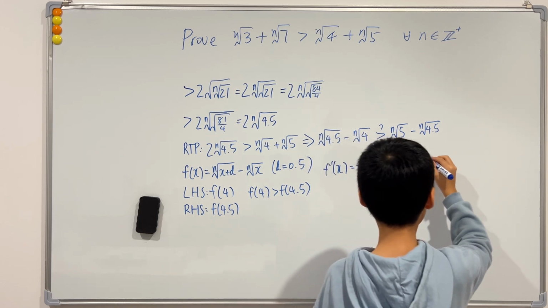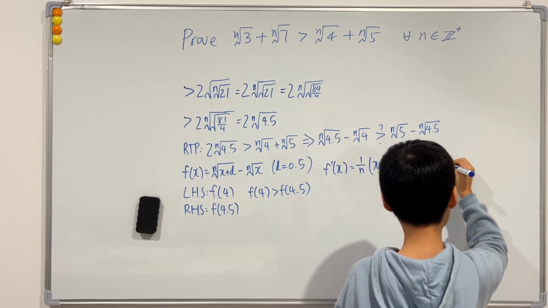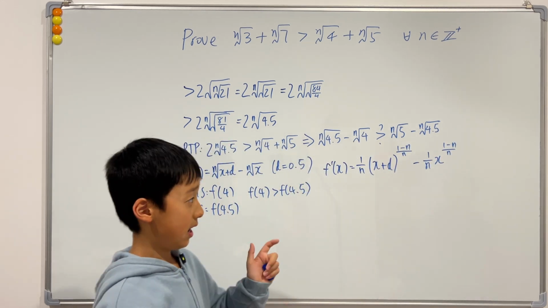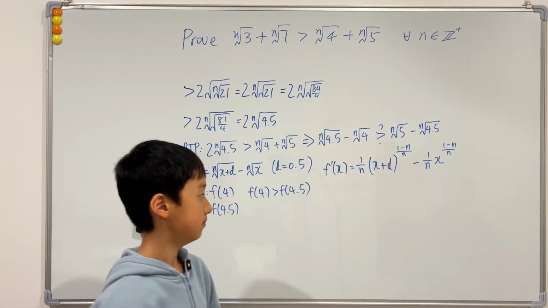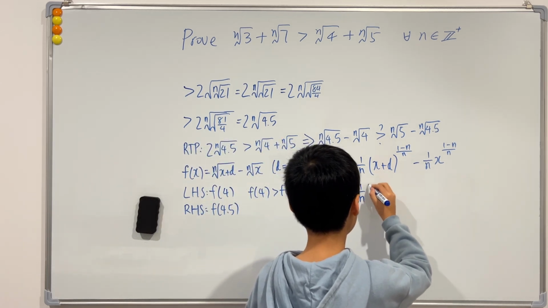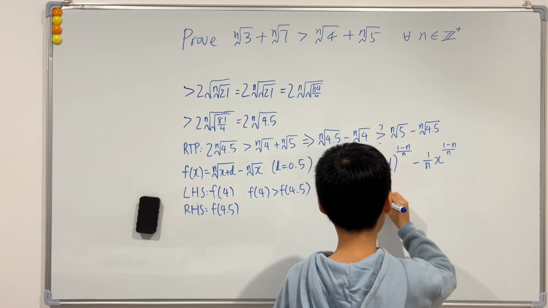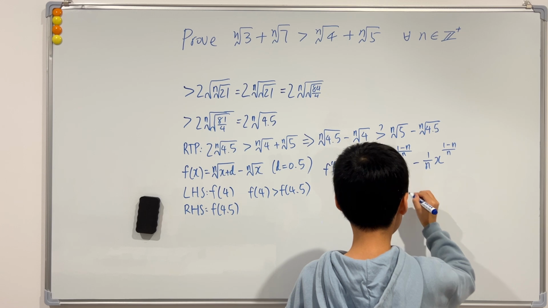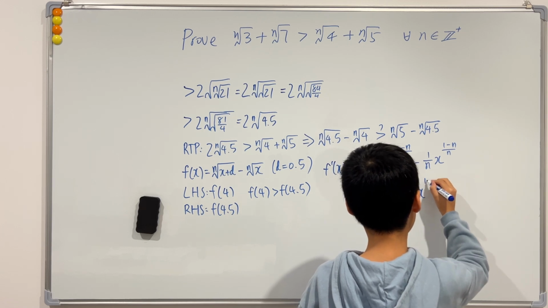Then we subtract 1 over n times x to the (1 minus n) over n. Now, I can factor out a 1 over n. So the inside would just be x plus d to the power of (1 minus n) over n, minus x to the (1 minus n) over n.